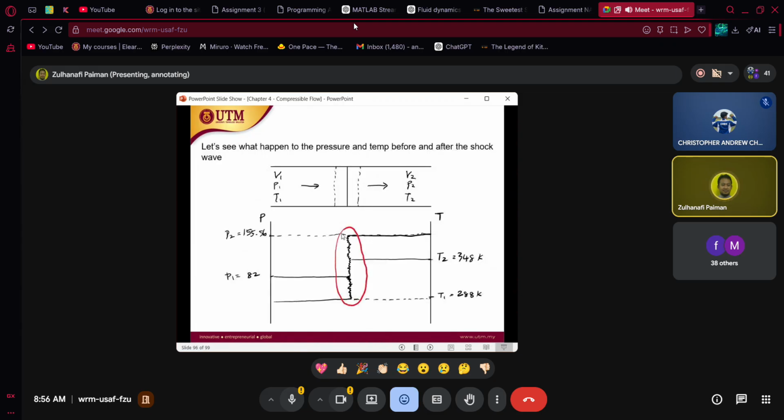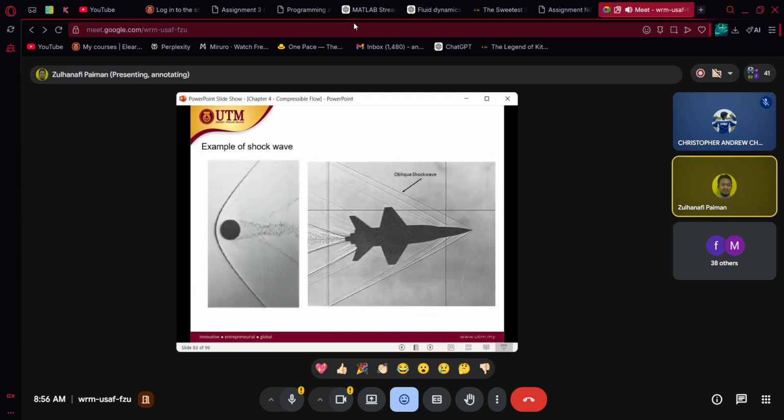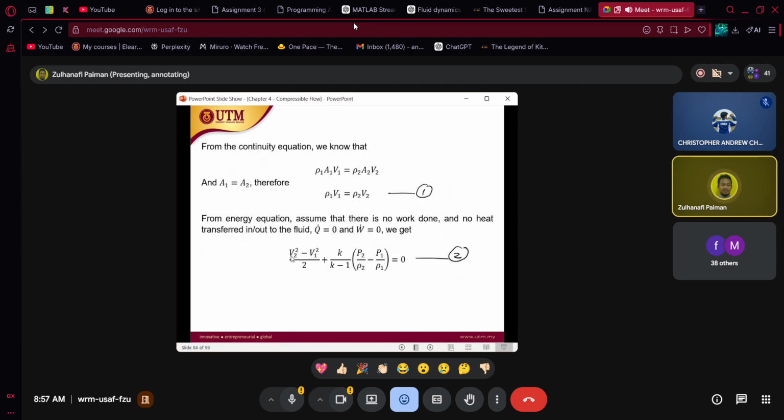This is what will happen if you look back at the explanation about the shock wave. The fourth point: the presence of a shock wave results in a drastic increase in pressure and temperature.